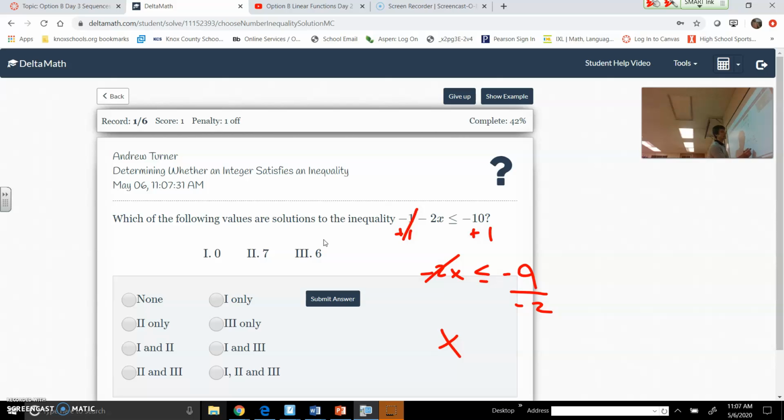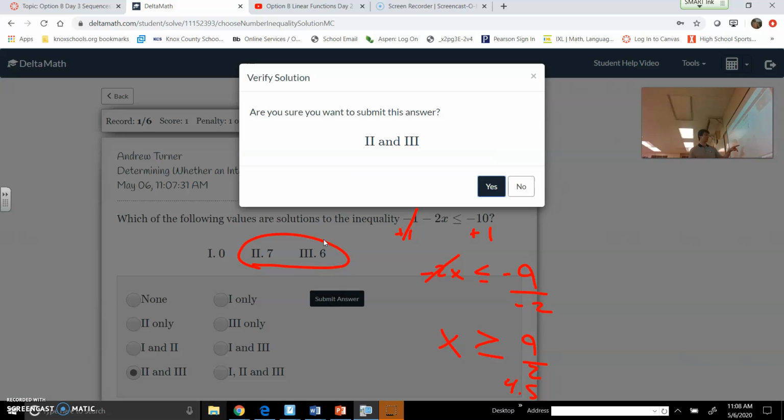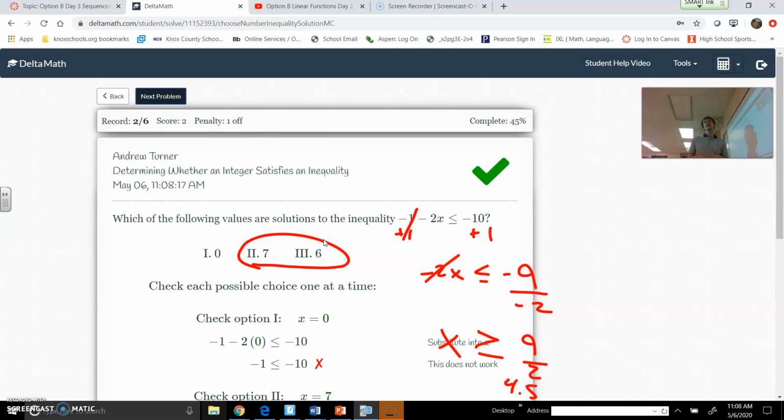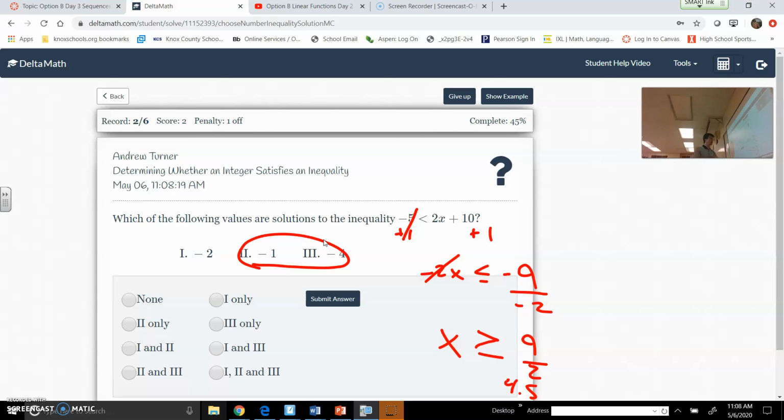Instead of less than, it's going to be greater than or equal to +9/2. Now, 9/2 is 4.5, so we want a value greater than 4.5. I'm thinking 6 or 7. So we want solutions 2 and 3. Watch out for that sign flip. That's something that gets a lot of students mixed up.